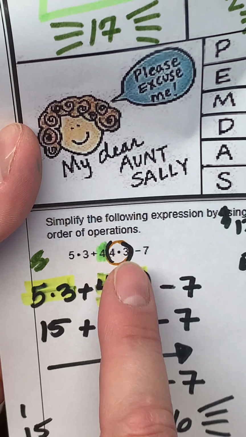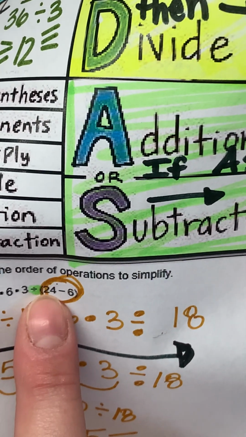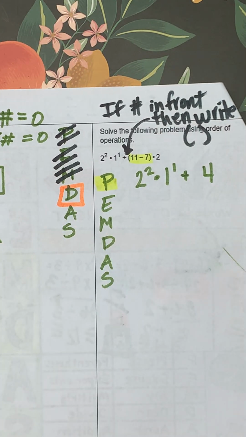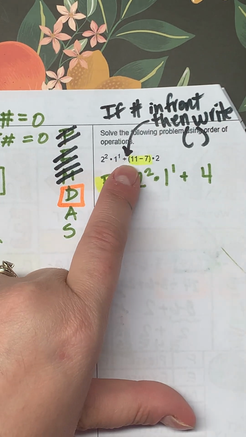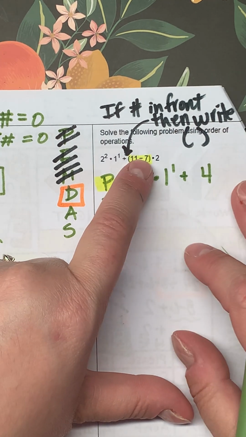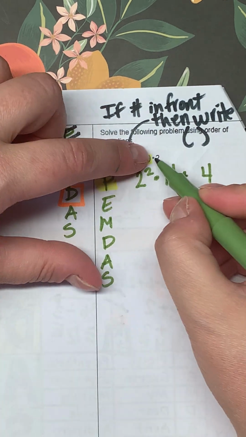There was a 4 in front of the parentheses, so we kept writing down the 4 and the parentheses. Whereas here, there was no number in front of the parentheses, so we just wrote down the math. All right, look in front of our parentheses. I don't see a number, so I just write down whatever I got from the math. 4. No more parentheses, and then times 2.